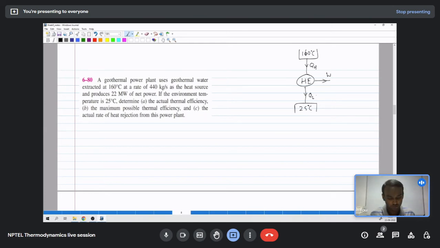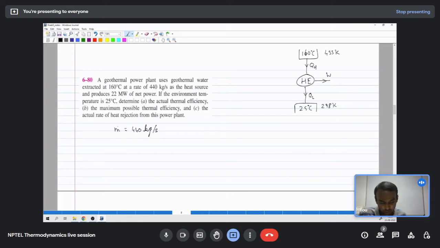Converting the temperatures to Kelvin scale, we have 433 Kelvin for the high temperature and 298 Kelvin for the low temperature. The water which is supplied has a flow rate of 440 kilogram per second.